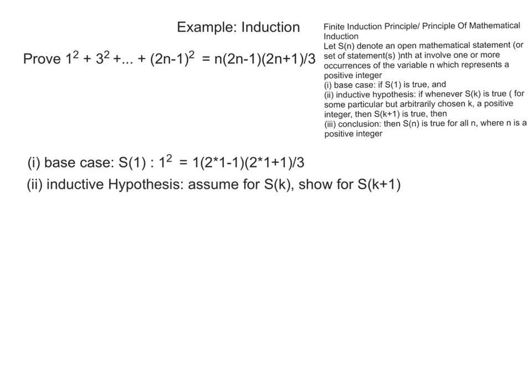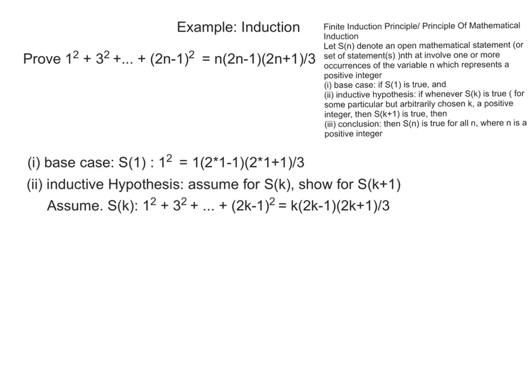For the inductive hypothesis step, we're going to assume this is true for S(k), and then we are going to show it is true for S(k+1). Here I've written out my S(k). So basically I'm assuming 1 squared plus 3 squared up to (2k minus 1) squared is equal to k times (2k minus 1) times (2k plus 1) divided by 3.